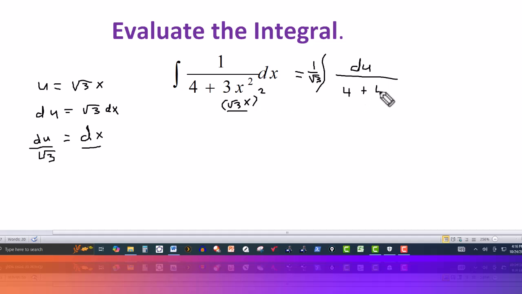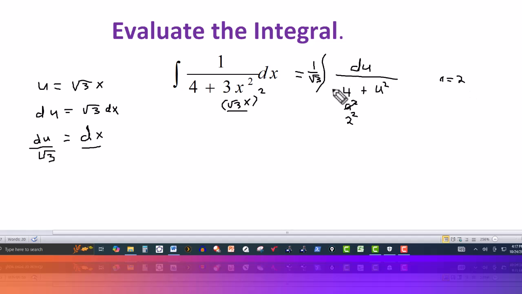So this will be u squared. The 4 then, I can rewrite as 2 squared. In the formula, it was a squared plus u squared, but all that means is that the a here will equal 2.